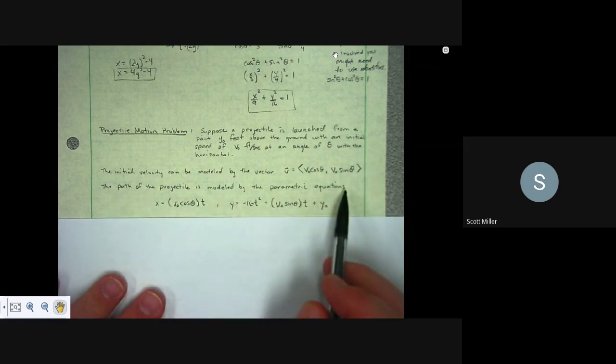The path of a projectile is modeled by parametric equations. This equation right here describes the horizontal change in position and this describes the vertical change in position.